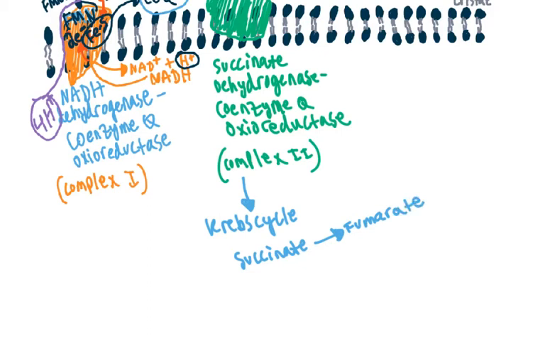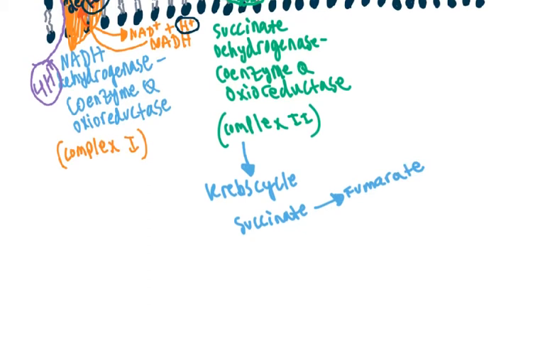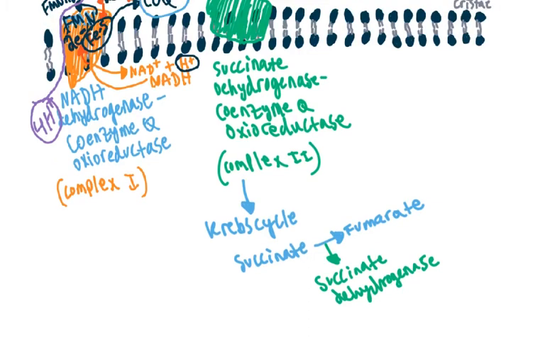In this step, succinate dehydrogenase was the enzyme catalyzing it, and it was bound to the cristae. We also made 2 FADH2 molecules, but considering one acetyl coenzyme A molecule, we only make one FADH2 for each acetyl coenzyme A molecule. So let's write that down.